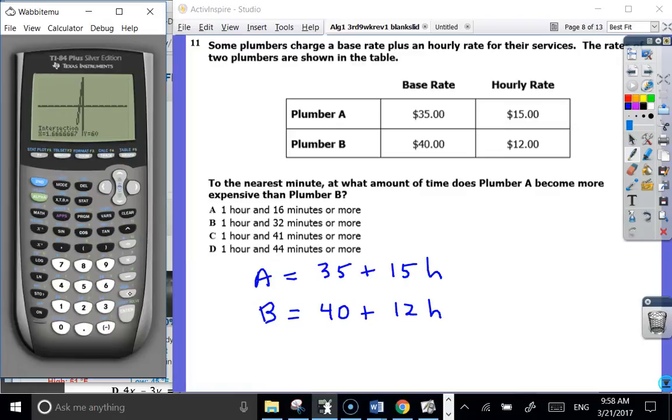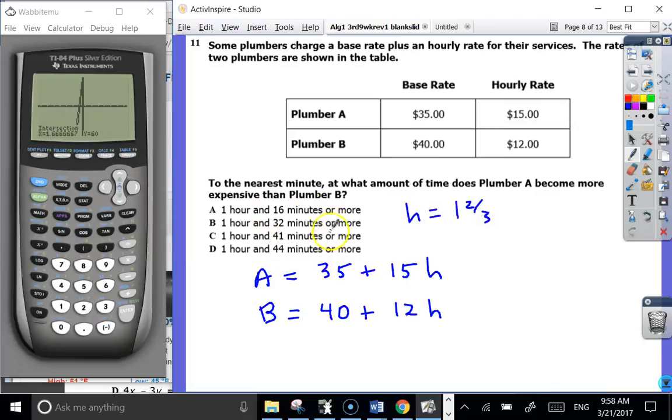And what is this saying? 1.66666, which is what? That's like 1 2/3. Zoom 3, enter. Okay. So we're getting the value, the H is 1 2/3 hours.